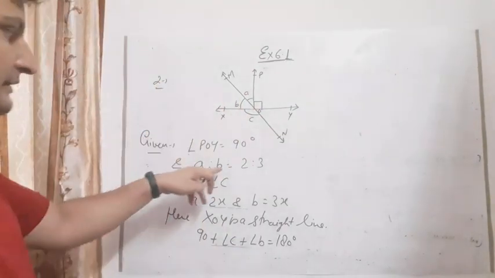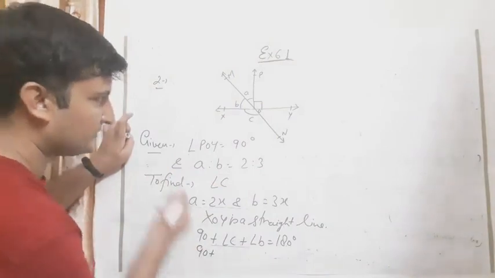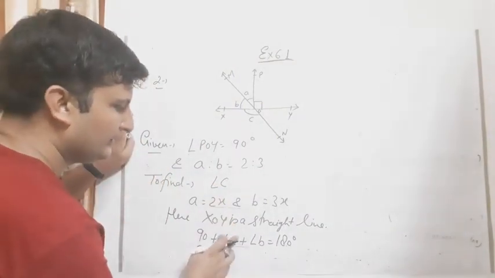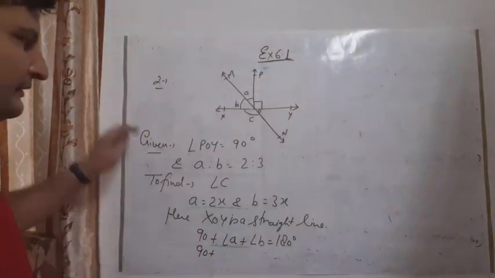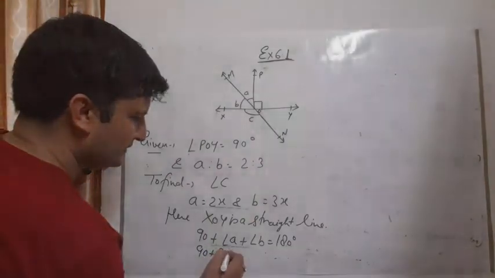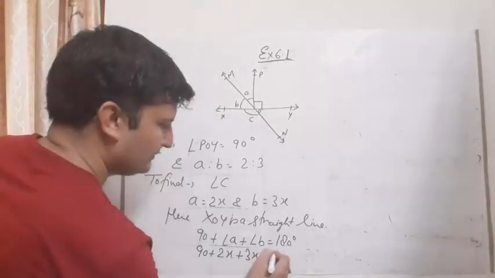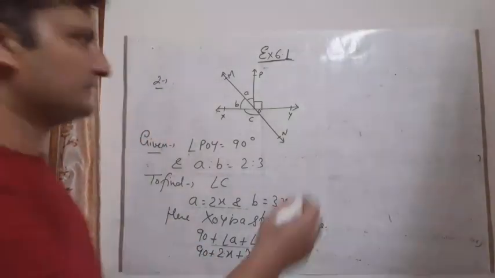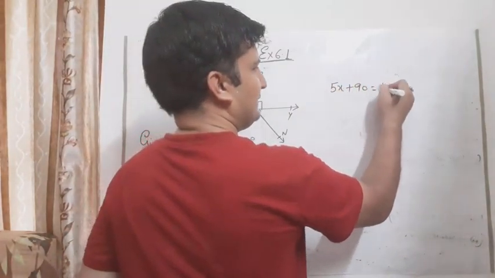So students, here angle A is 2x plus angle B is 3x, plus 90 is equal to 180 degrees. Now we can solve it. 3 plus 2 is 5x plus 90 is equal to 180 degrees.